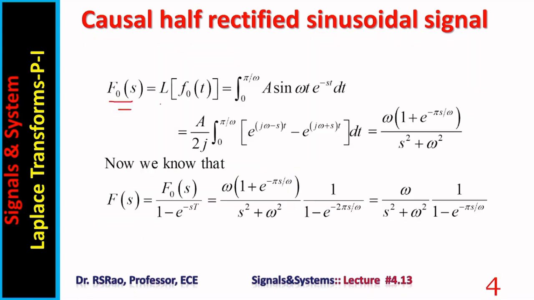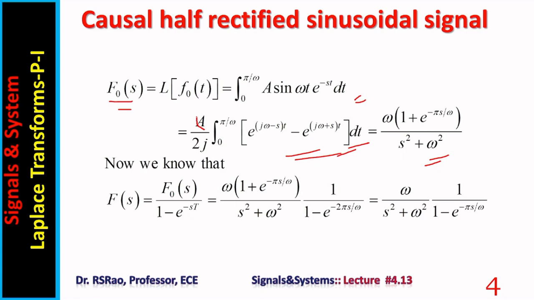F naught of s, which is the Laplace transform of f naught of t, we are applying the definition of Laplace transform. It is equal to integral 0 to pi by omega a sin omega t e power minus st dt, which is equal to a by 2j integral 0 to pi by omega e power (j omega minus s)t minus e power (j omega plus s)t dt. So integration results in F naught of s as a omega into 1 plus e power minus pi s by omega by s square plus omega square.